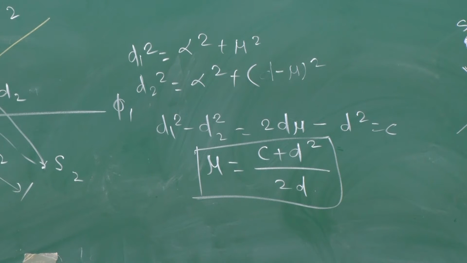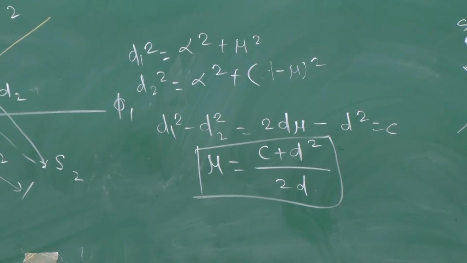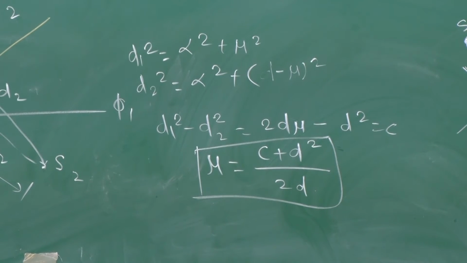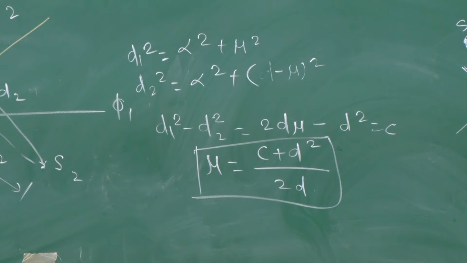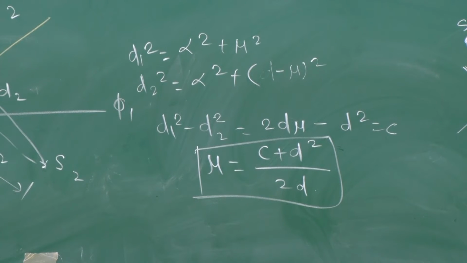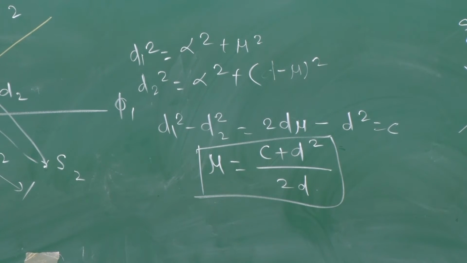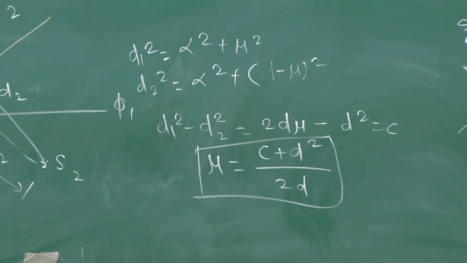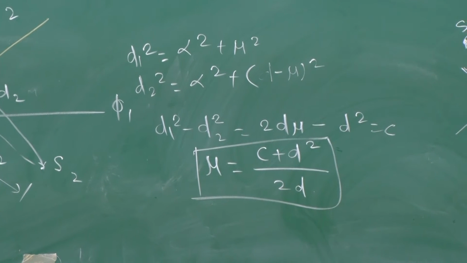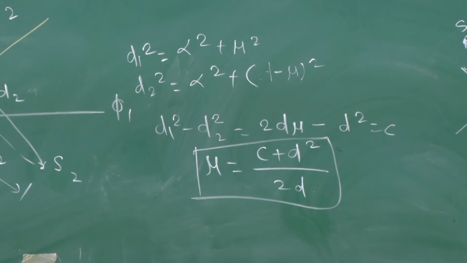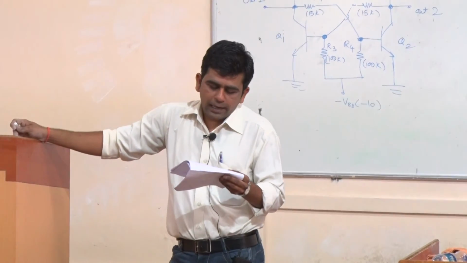Here c is a constant, we have to find this constant c, then d is the distance between s1 and s2, and we get mu equal to c plus d square divided by 2d. This is true for only two messages. For M messages, m1, m2 up to capital M gives the regions capital R1, R2 up to capital RM.